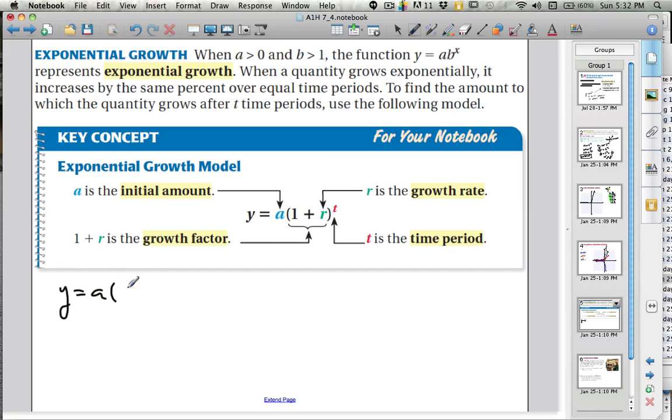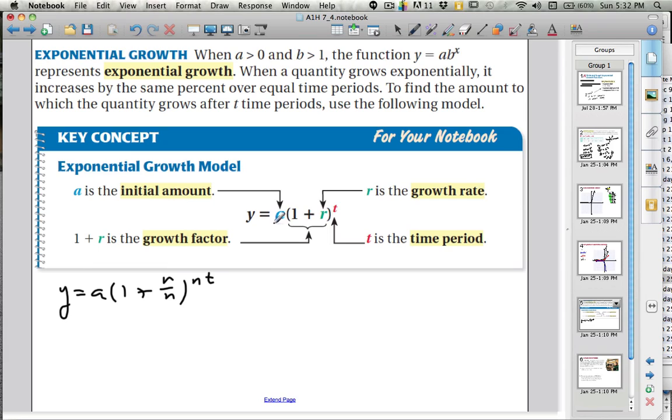Y is equal to A times 1 plus r over n to the nt power, which you'll work with later, where n is how frequently per year we calculate the compound interest. So we can work with this to be whatever frequency we want. But for now, we're going to work with this simplified version that is for annual compound interest.